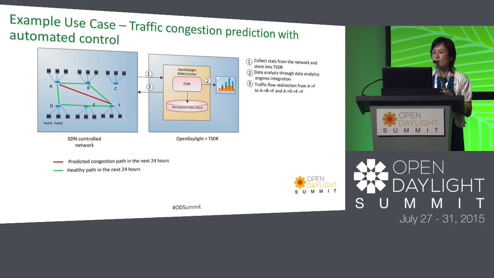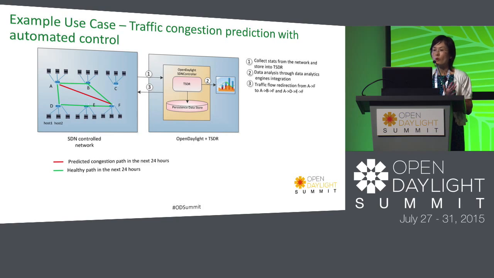For example, before those 24 hours, we can leverage some configuration capabilities in the ODL controller to redirect all the flows from A to F to the other two. By doing that, we can balance the network in terms of traffic flow, and it does not cause any congestion in the next 24 hours.